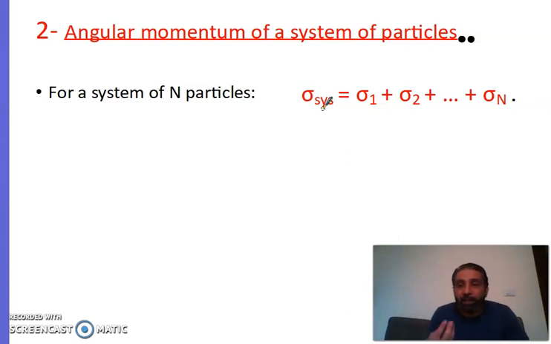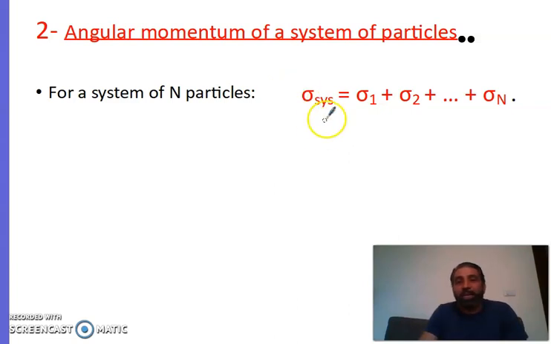You know that each planet, like Neptune, is considered as a particle, right? And the whole planets constitute a system of particles moving around the sun, okay?